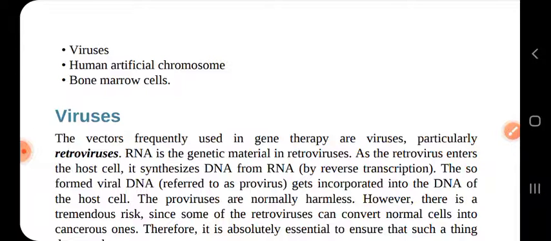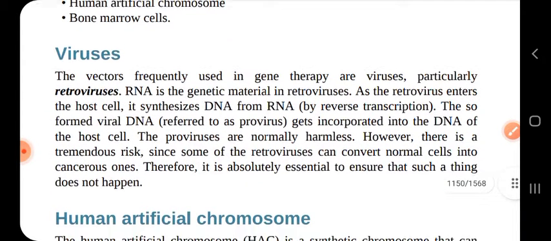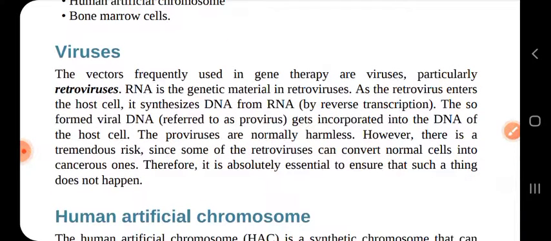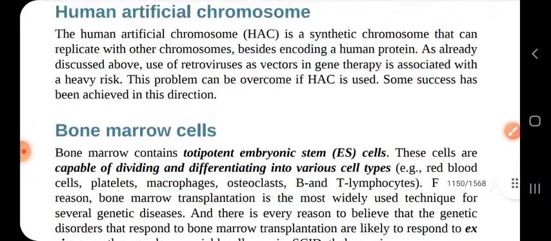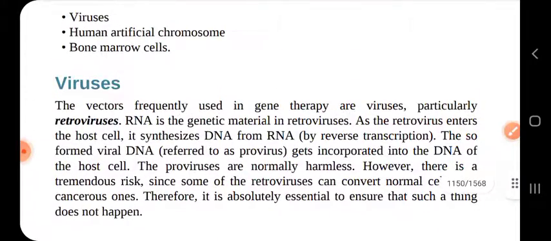So we will now begin with the virus, which is used nowadays as a vector, and how we will make retrovirus harmless. That's the main objective that has not been mentioned here. I have given you the notes before. You have to watch all of this. I will discuss them here also.